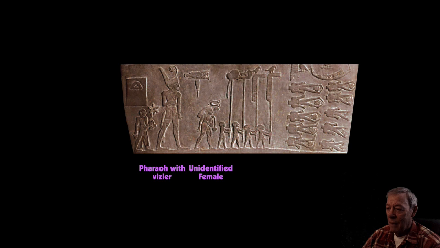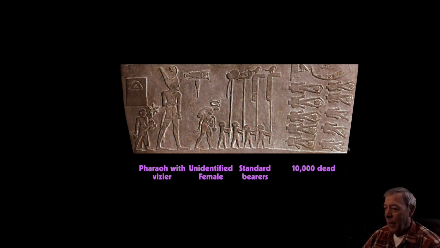Okay. So we've got the pharaoh with his vizier going off to visit the battlefield. And then according to an Egyptologist scholar, he identifies this as an unidentified female. So perhaps a sorceress or something of that nature, who knows exactly, but identified with her name here. And then we have standard bearers, so little guys, right, carrying these staffs that have the king's royal banners, leading the cortege to the battlefield.